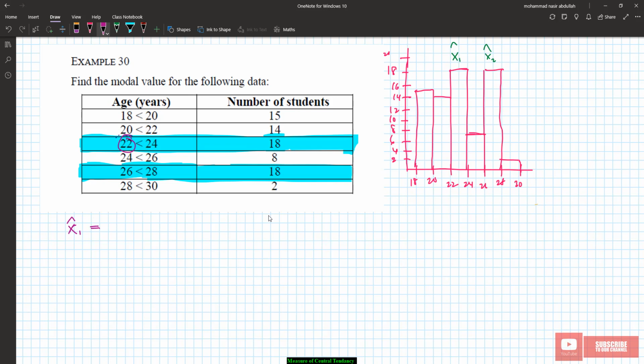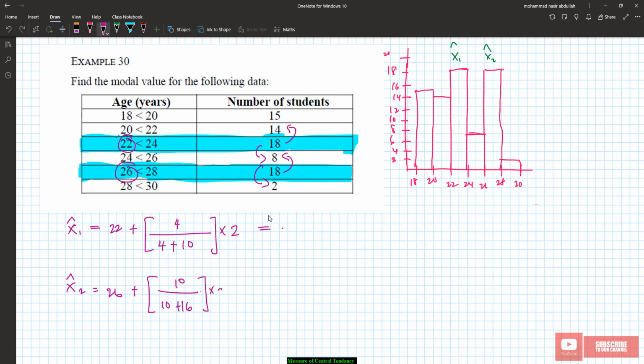Mode number 1 is 22 plus the frequency of the modal class minus the frequency before it, 18 minus 14 equal to 4, and 18 minus 8 equal to 10, multiplied by the class size, 24 minus 22 which is 2. The second mode is 26 plus 18 minus 8, which is 10, divided by 10 plus 18 minus 2 equal to 16, multiplied by 2.